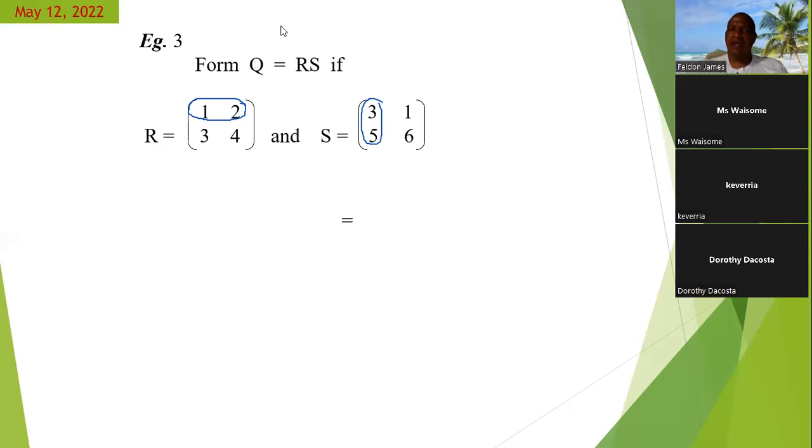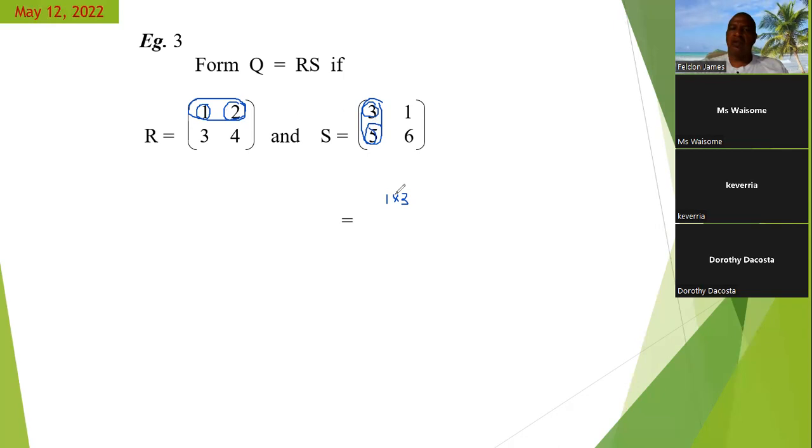That's for multiplication. So when we are multiplying now, we take the first element in the row of the first matrix times the first element in the column of the second matrix. So we multiply 1 times 3. So we put down 1 times 3. And then now we do the second element in the row with the second element in the column, and we multiply 2 times 5.